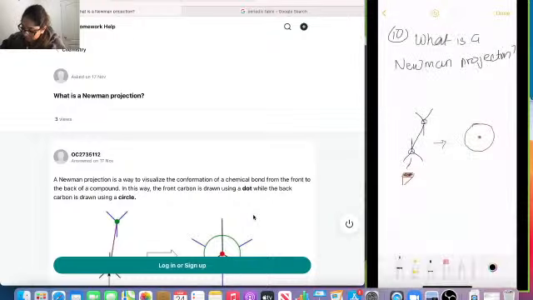Then you draw the front. So this structure here has to be straight.